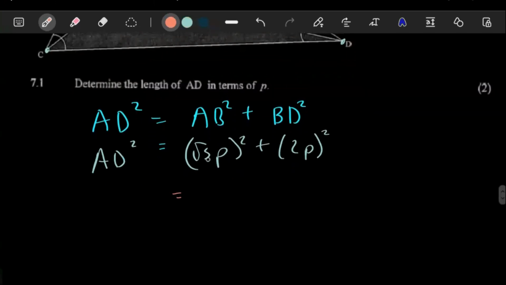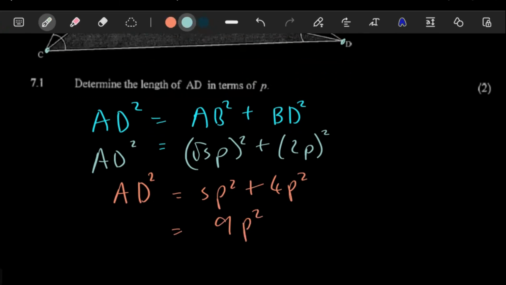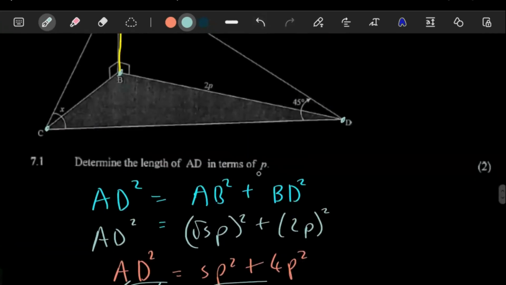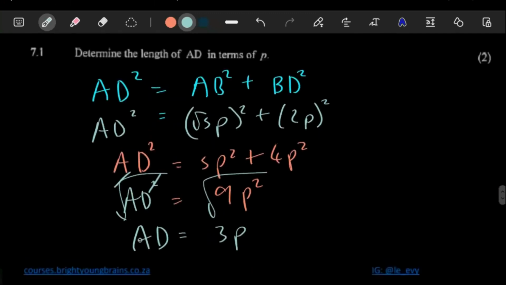So square root of 5 squared is 5P squared, 2 squared is 4, P squared is P squared. And then here you can see these are like terms, 9P squared. Since you want AD on its own, we're going to have to square root both sides. Square rooting both sides, we're left with 3P, which is our value for AD, as suggested. It is in terms of P, so that's okay.